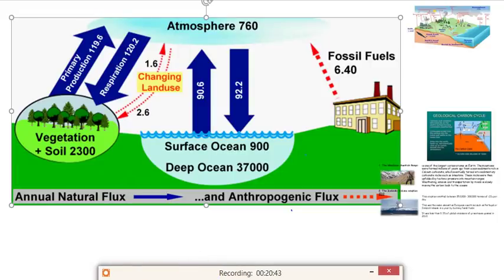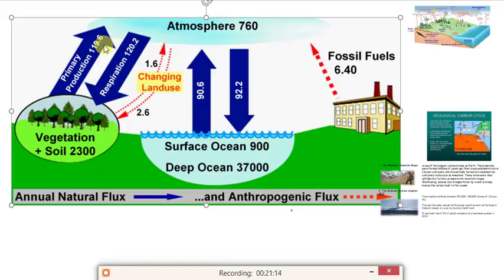So key stores: ocean, vegetation and soil, atmosphere, and rocks. Key fluxes: we've got plants that photosynthesize. These arrows are the wrong way; somebody who designed this graphic didn't get the arrows quite right. So photosynthesis sequesters carbon out of the atmosphere into the plants. Respiration releases CO2 back into the atmosphere.